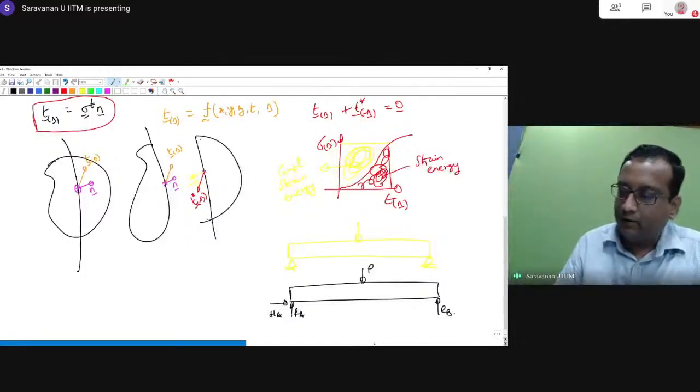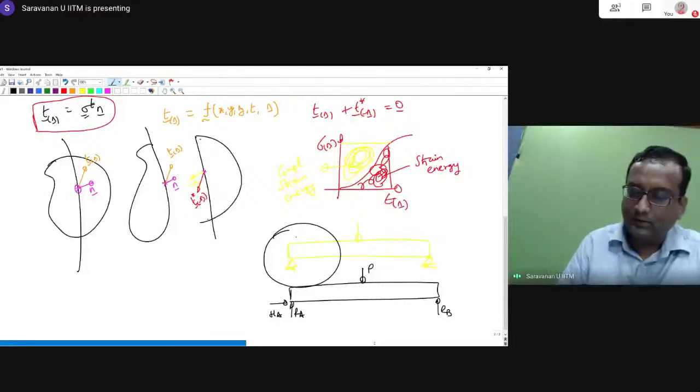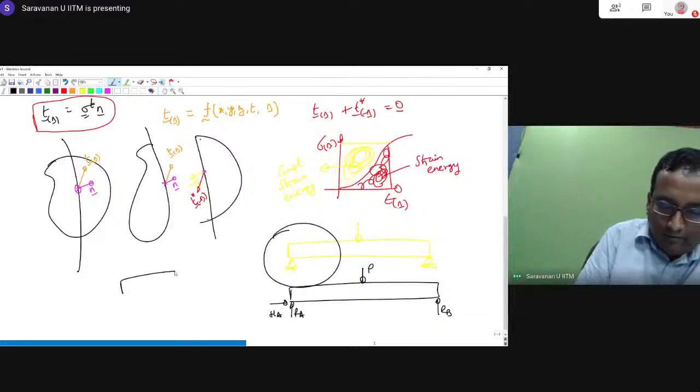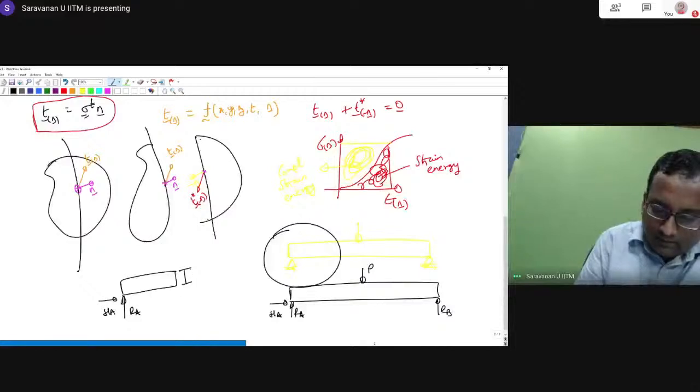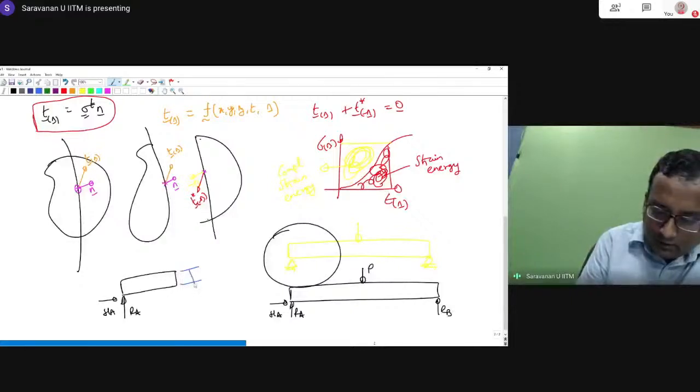Now, if I don't cut it at the support, and instead I want to look at this part of the beam alone, then I will have a support reaction here, RA, HA, and I will have a distributed force acting like this, which is the axial force.